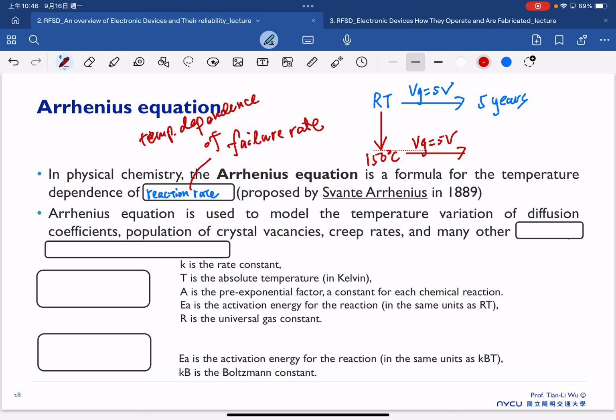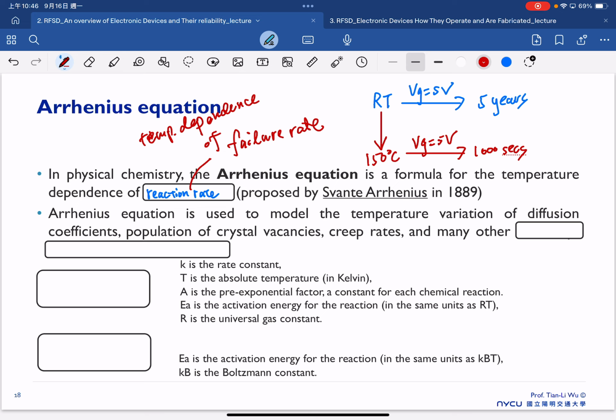Now we can see our device will fail within 1,000 seconds. And 1,000 seconds is a good timing that we can accept. We can run thousands of devices that can all be tested within 1,000 seconds, even in a university lab or in a foundry.